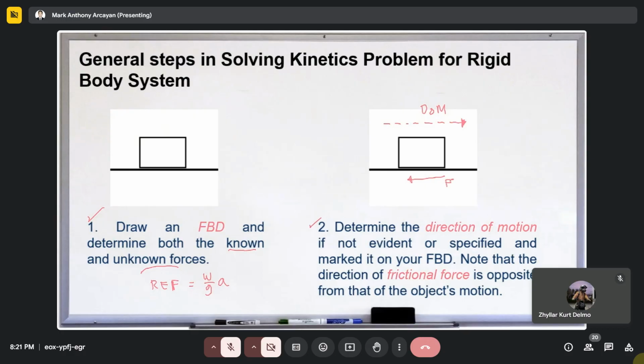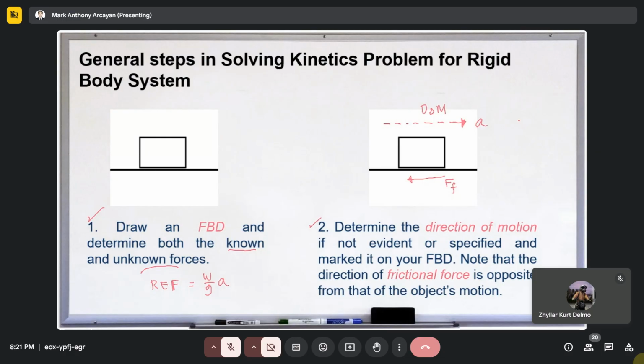This would be the direction of our frictional force. And indicating the direction of motion also gives us the direction of our acceleration as well as the velocity and the displacement. So you can put here A, which means that in this direction our object accelerates or decelerates. And it also moves at a certain velocity.